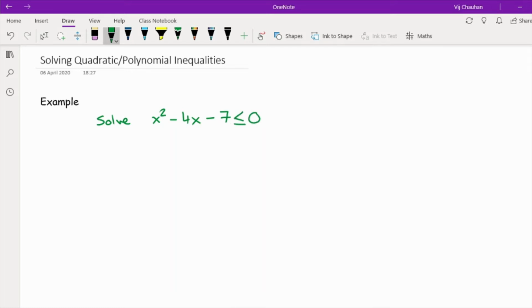Now this translated, before I even go on to sketch it, means where the curve is below or on the x-axis.